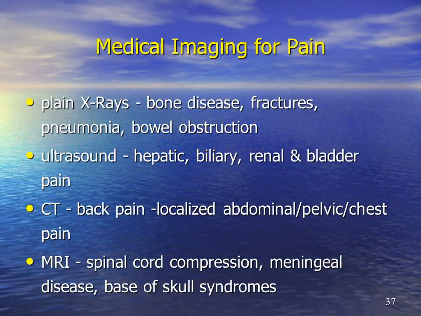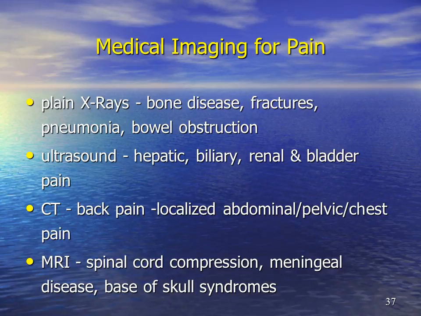So just looking at medical imaging for pain in the cancer patient, plain x-rays are still important, particularly for bony disease. If you've got one site that's actually affected, particularly weight-bearing sites, then one may need to go on and do multiple x-rays just to make sure that there's not just one site affected by bony disease.